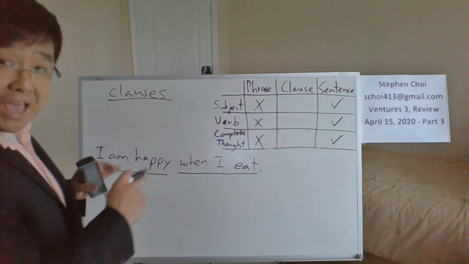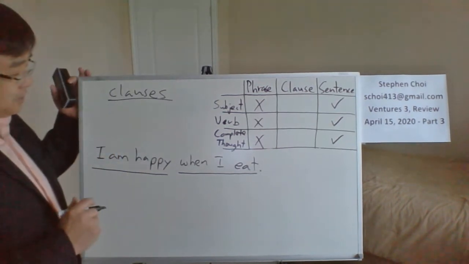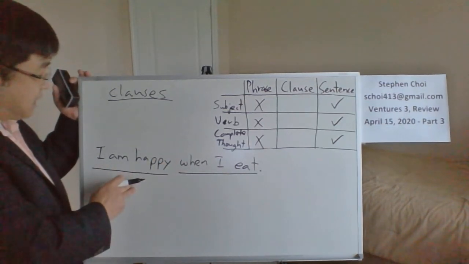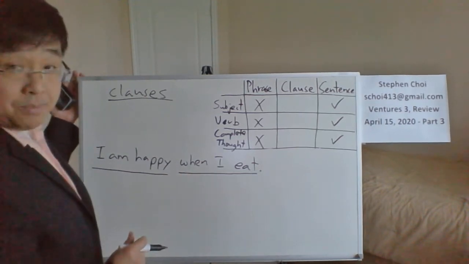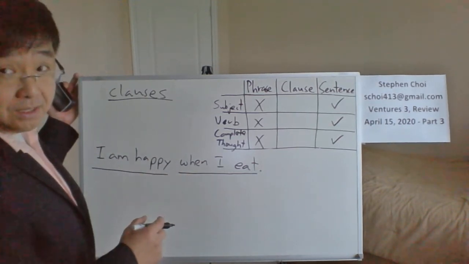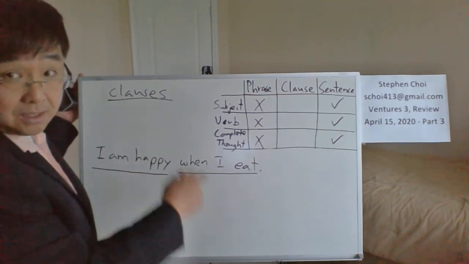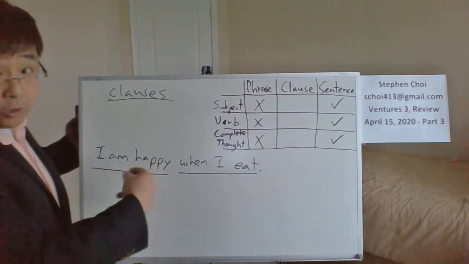So let's analyze these 2 clauses a little bit more specifically. You have one clause, I am happy, and the second clause, when I eat. So we have two clauses.